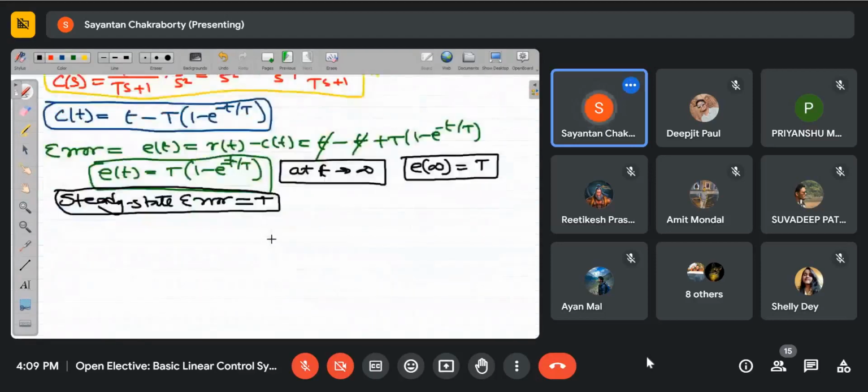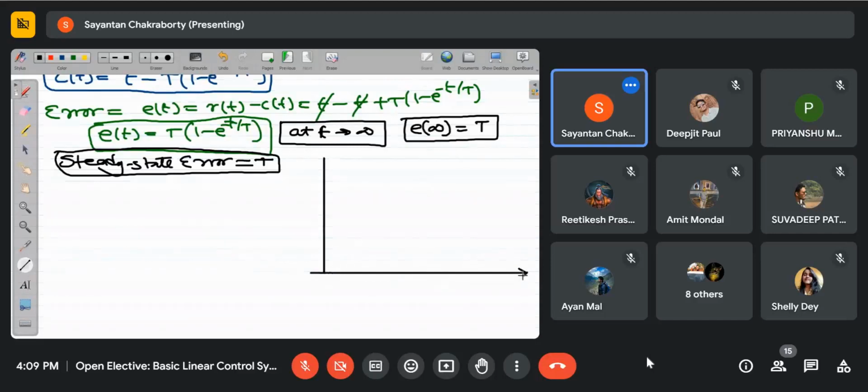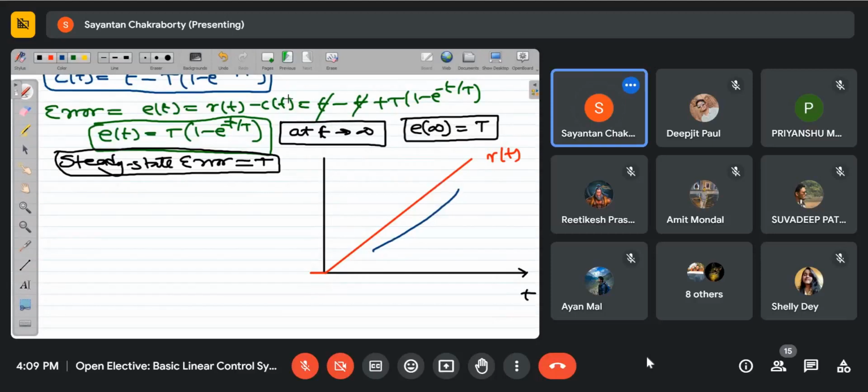So how does the response look like? Now, how is the input? Input is something like this. So this is your r(t), and your response will be this, but it will follow some exponential transient, and then the final steady state value.